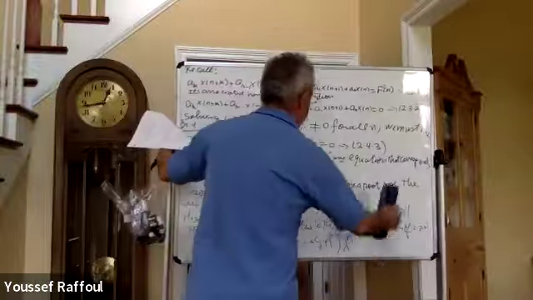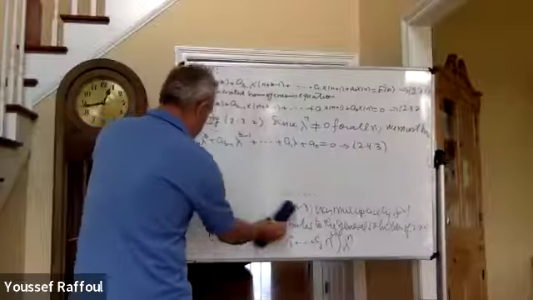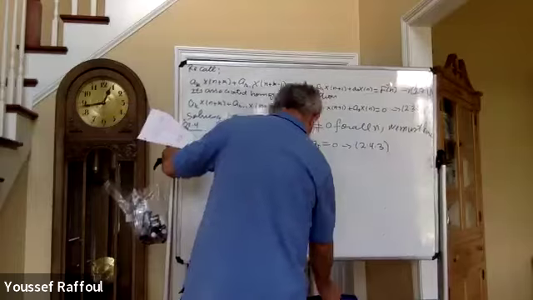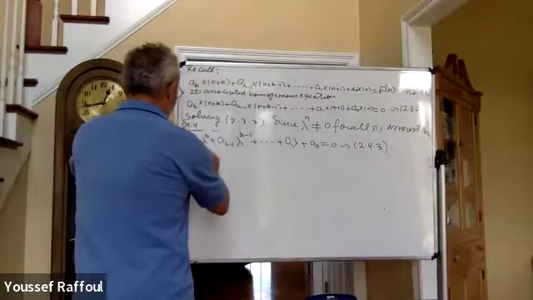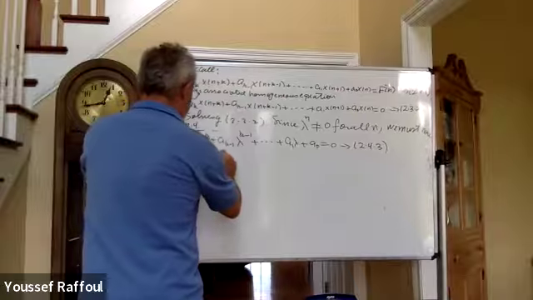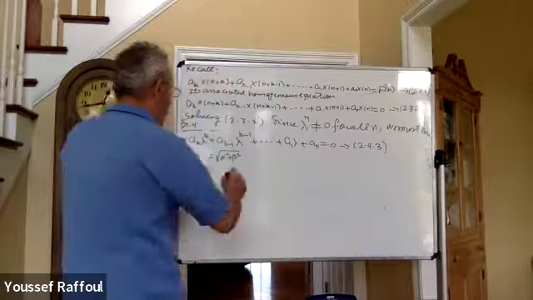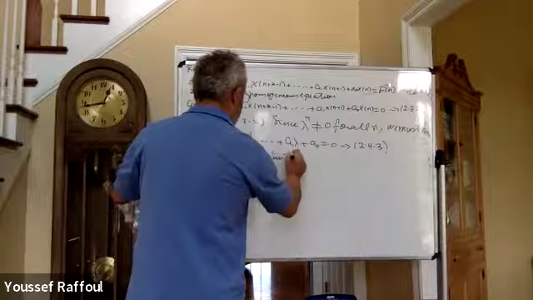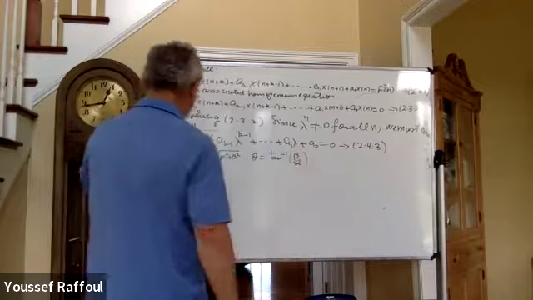So now we're gonna let rho be the square root of alpha squared plus beta squared, and theta is tangent inverse of beta over alpha.